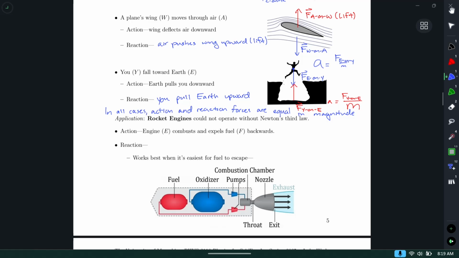rocket propulsion, because in that case, there is nothing else present to push you. If you're in empty space, where is an outside force coming from? The only place it could be coming from is this action-reaction interaction.